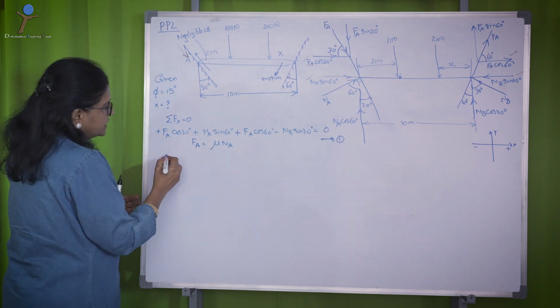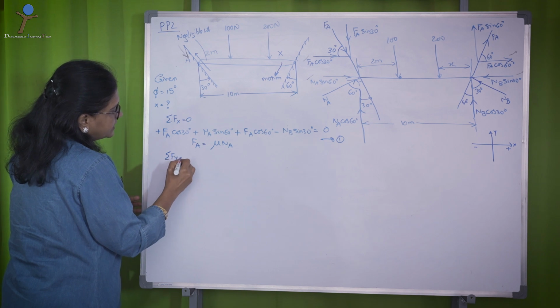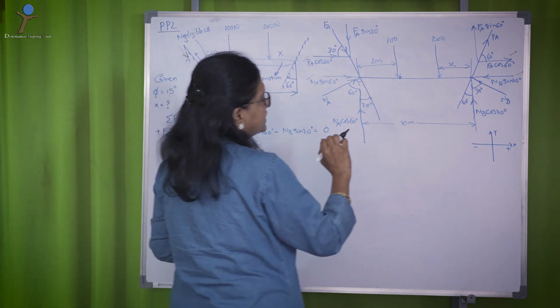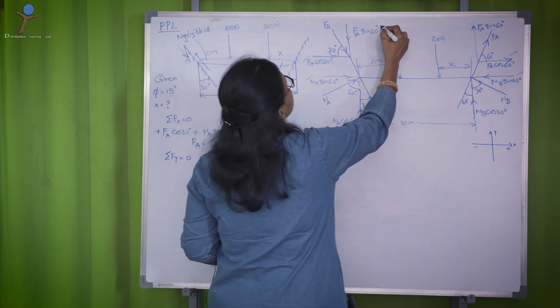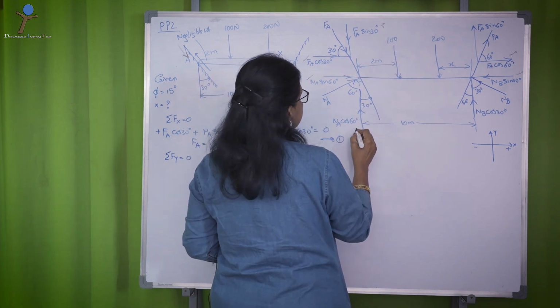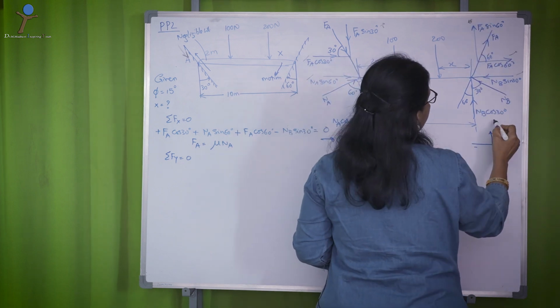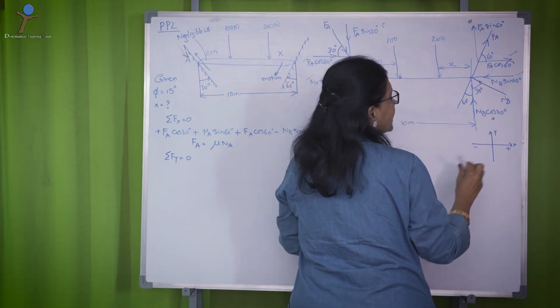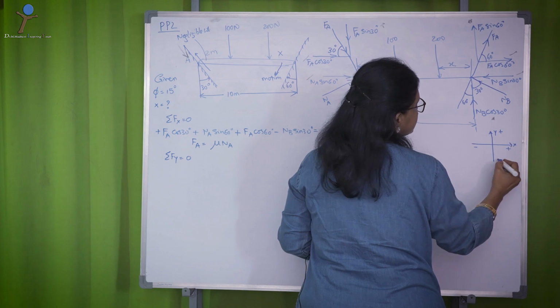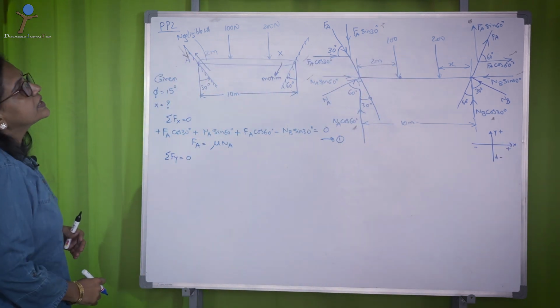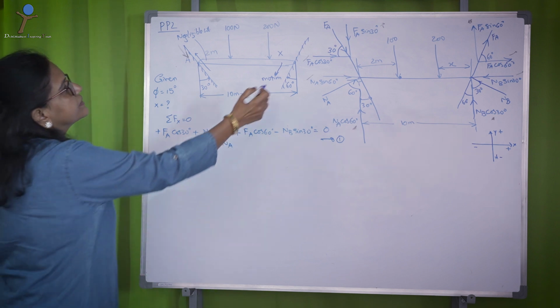Now, next equilibrium is Fy equal to 0. So, let us see the forces acting in y direction. Y in upward direction is positive and downward direction negative. So, let us start from here.